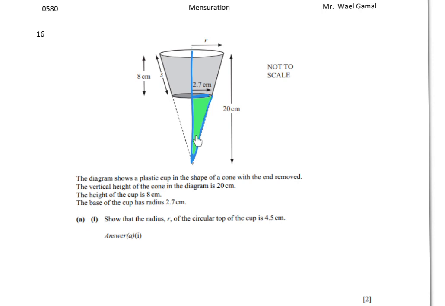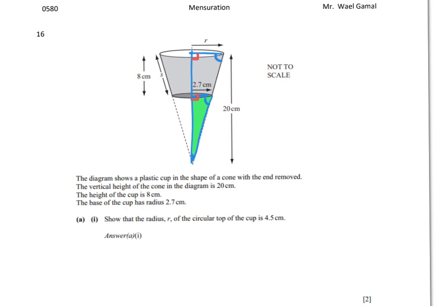This angle is included in both triangles, the smaller one and the bigger one. And this angle, if we join this one, this angle equals that one, corresponding and equal. And also this angle, which is 90, equals this one. So the angles are equal, so the small triangle and the bigger one are similar.